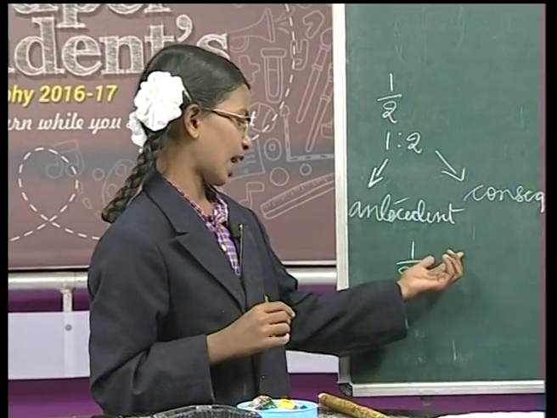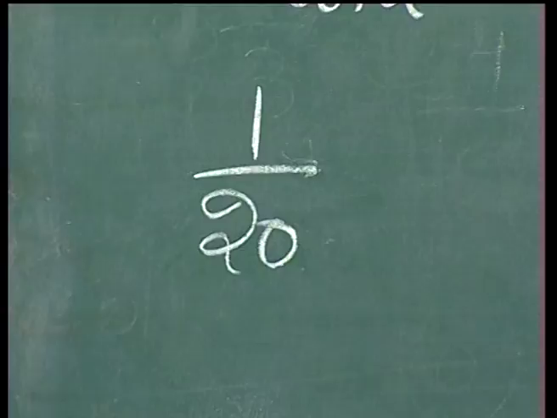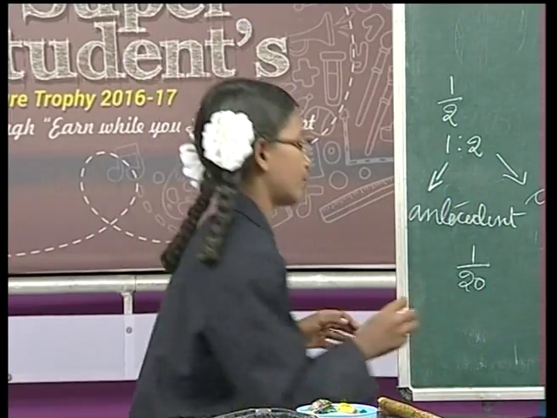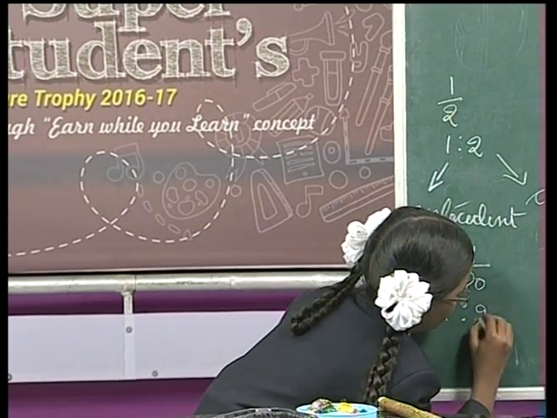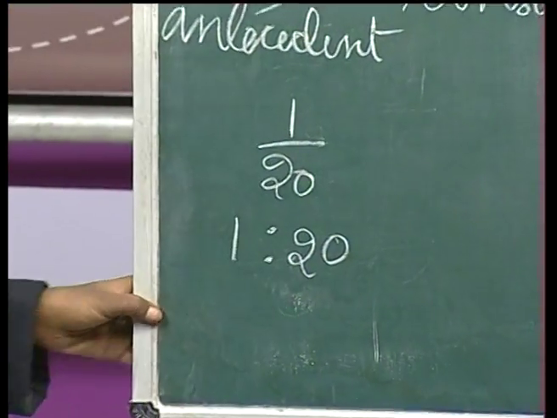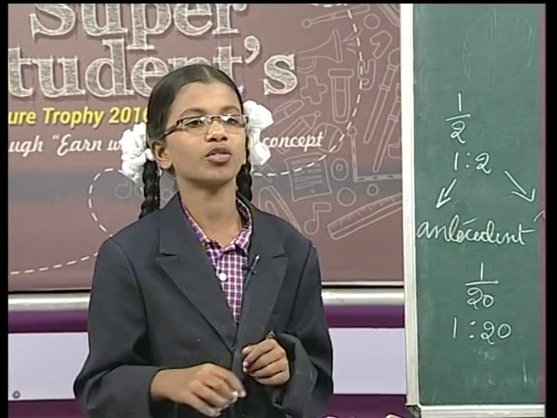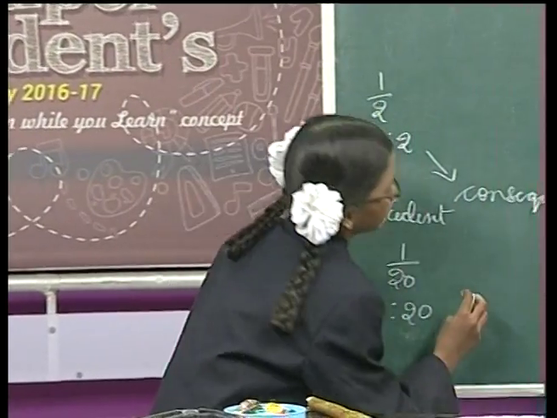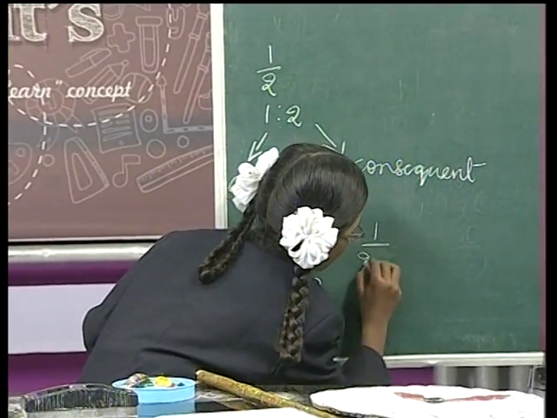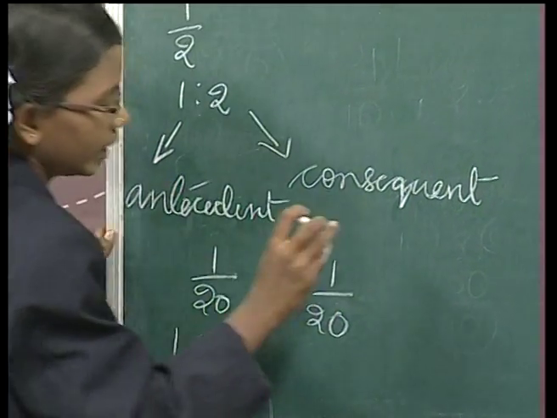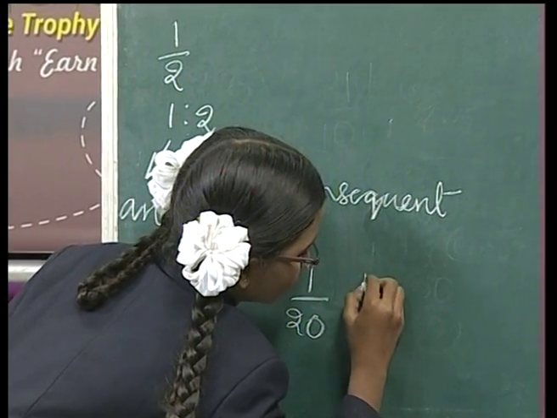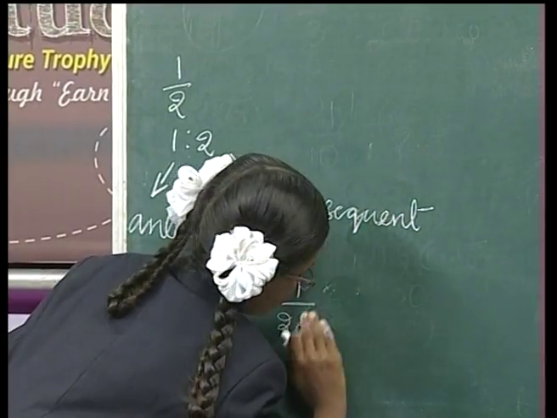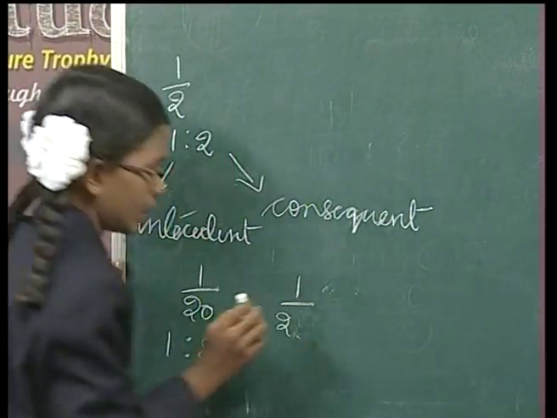So, here one class had 20 benches. Friends, again it converted into ratio 1:20. And friends, this 1:20, how to convert it into decimal? Yes, now convert this fraction 1 by 20.